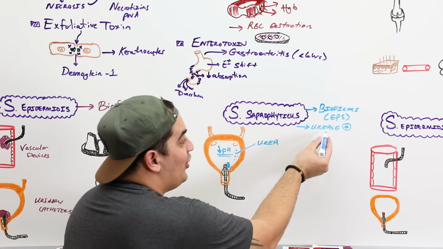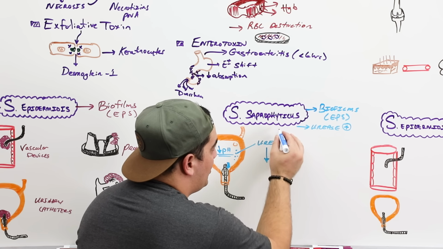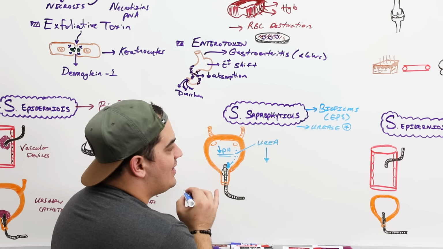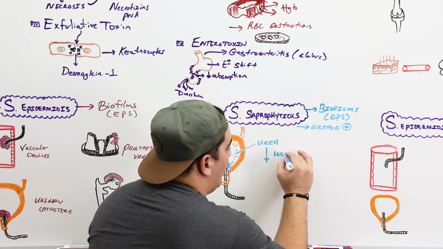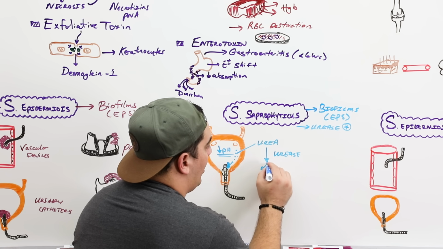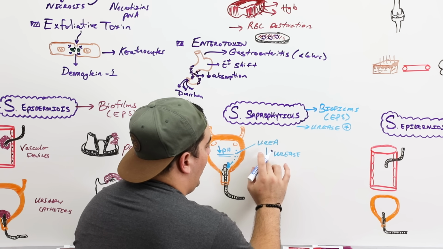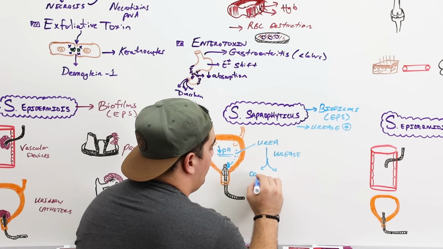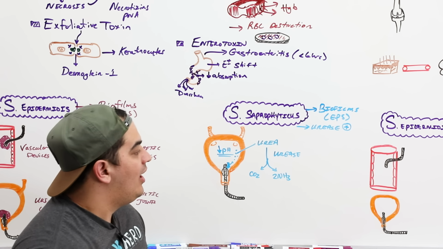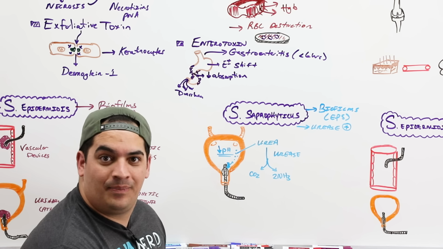urea. The Staphylococcus saprophyticus will release the urease enzyme. And the urease will then do something very interesting. It'll break urea down into two components: CO2 and ammonia. Now, ammonia is a base, okay?